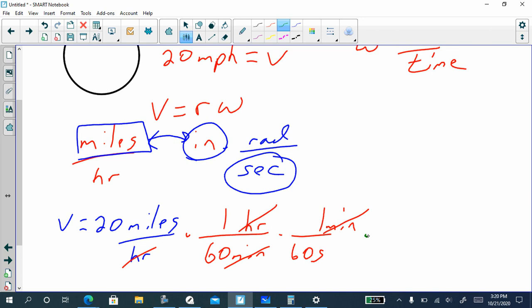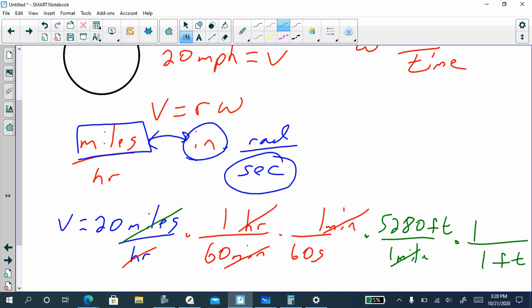Now we need to get the miles down to inches. So you might remember that 1 mile is 5,280 feet. So that cancels miles out. And then we would need to take feet to inches. 1 foot is 12 inches. So that makes our feet cancel. So that leaves us with inches on top, seconds on bottom.